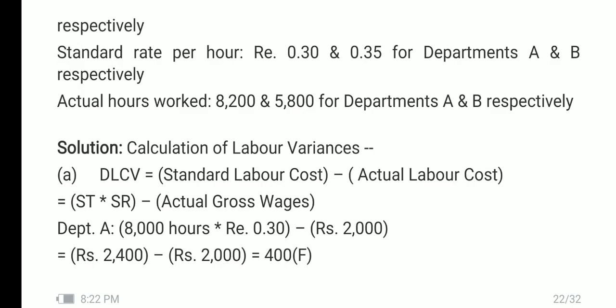Now let us consider the calculation of labor variances. Labor cost variance is equal to standard labor cost minus actual labor cost. So standard labor cost, ST into SR, minus actual gross wages. Actual labor cost is nothing but actual gross wages, readily available, so we will use the available information directly, but standard labor cost we have to compute.